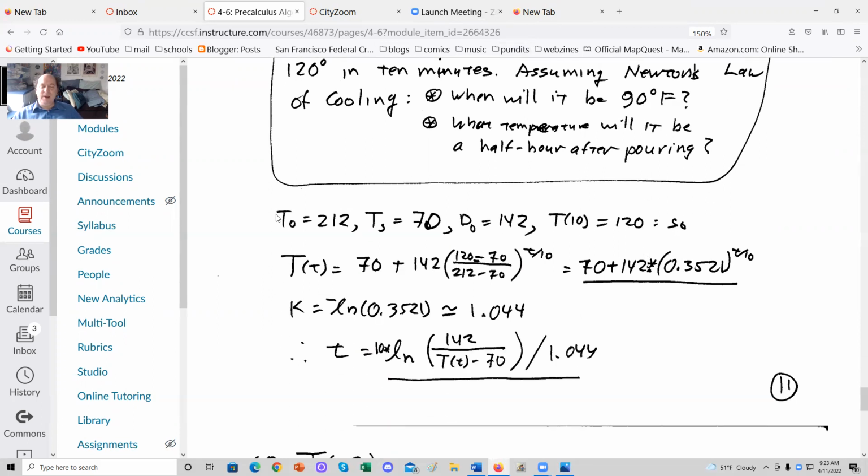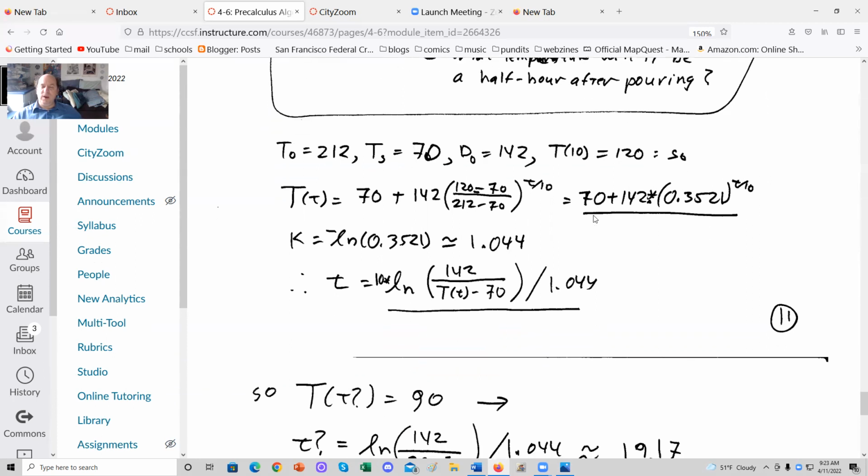So here we go. T naught equals 212. T S, the surroundings, is 70. D naught, the difference between these two, 212 and 70, is 142. And T at 10 minutes is 120, so we're told. All right, here we use the formula I mentioned up above.